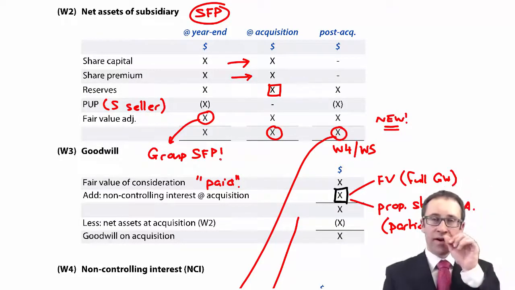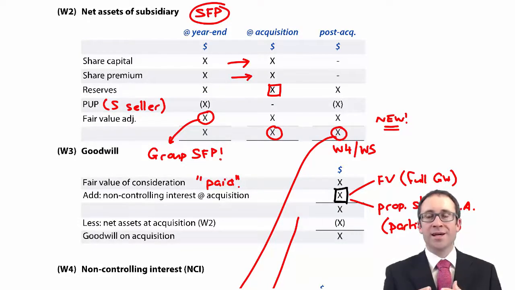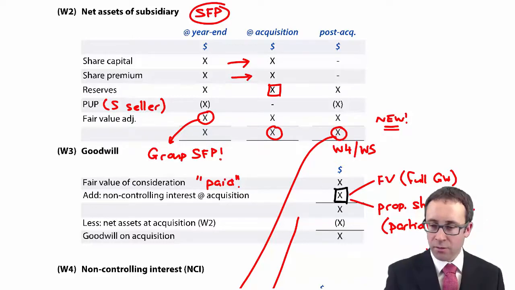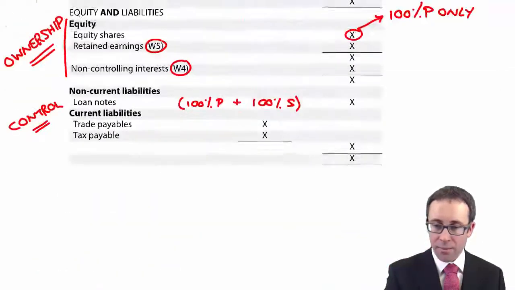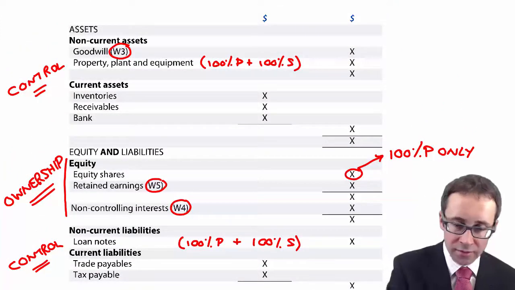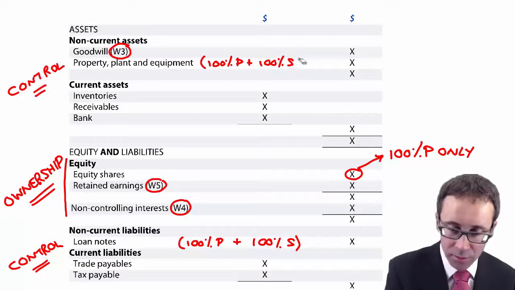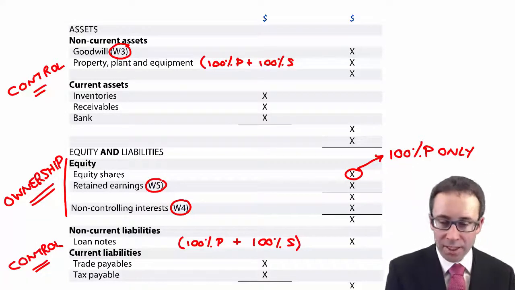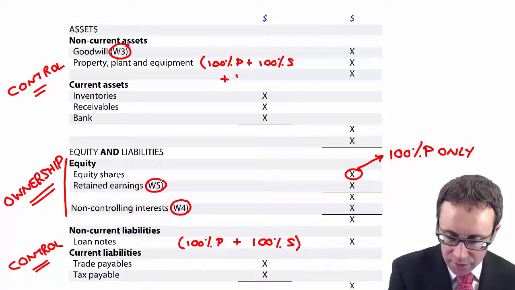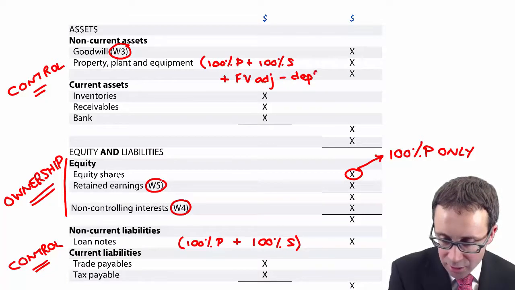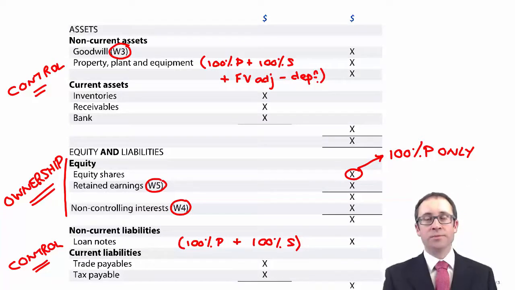So it needs to be shown on the face, because if we've adjusted the net assets as part of the goodwill calculation, then we also need to put in the fair value adjustment on the face of the financial statement. So here, if you're looking at property, plant and equipment, it will be 100% of P plus 100% of S plus the fair value adjustment less any extra depreciation.